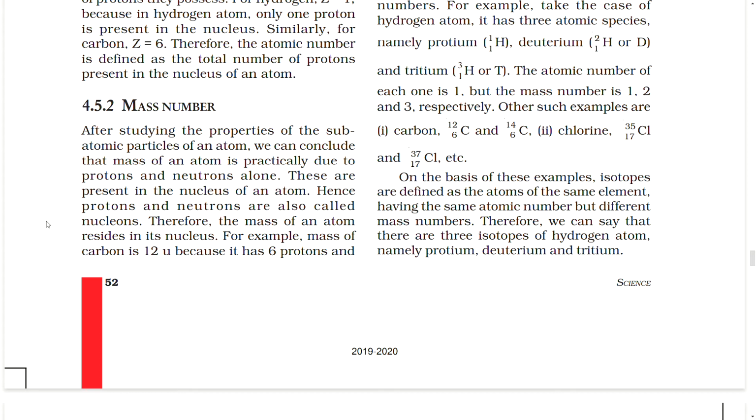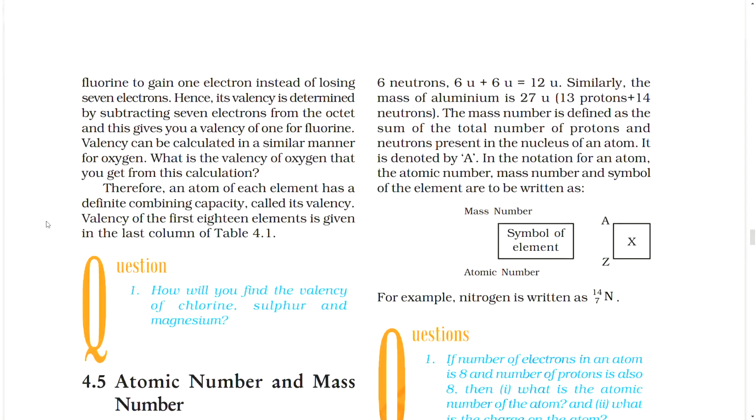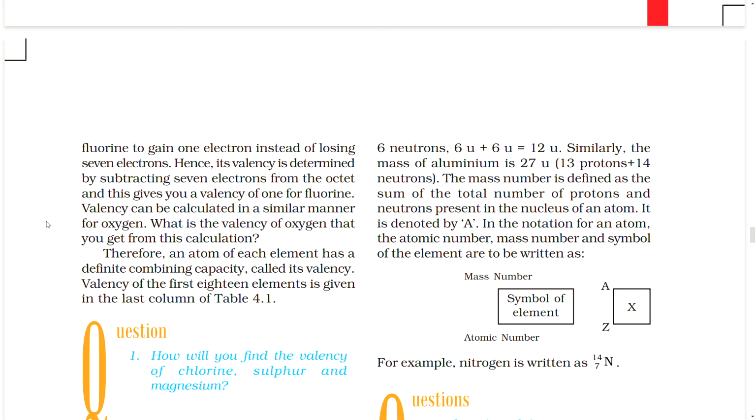Therefore, the mass of an atom resides in its nucleus. For example, the mass of carbon is 12 u because it has 6 protons and 6 neutrons. 6 u plus 6 u equals 12 u. Similarly, the mass of aluminium is 27 u, 13 protons plus 14 neutrons.